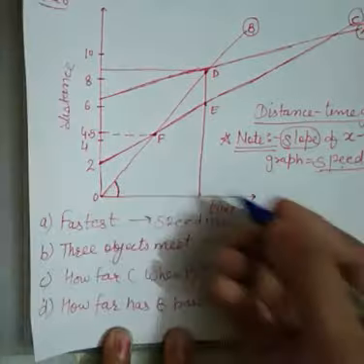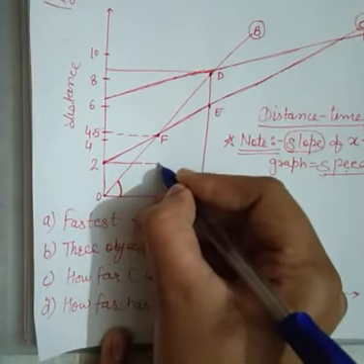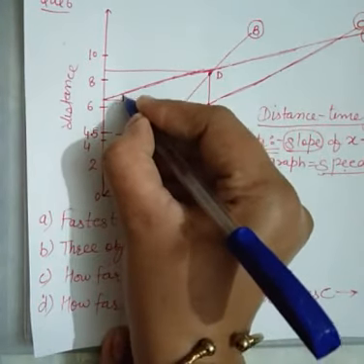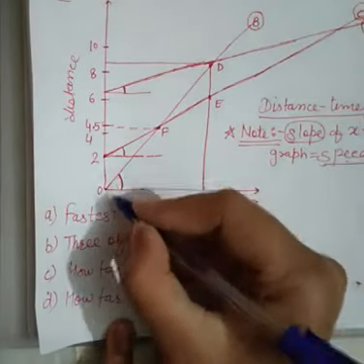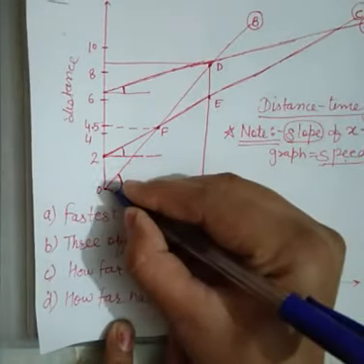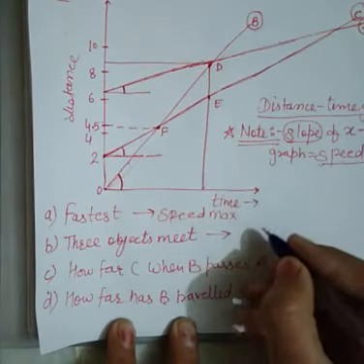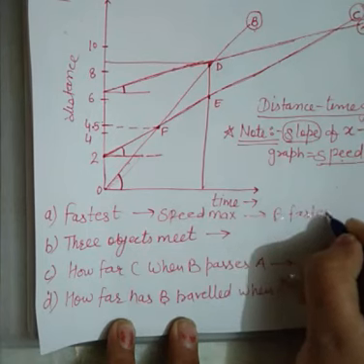Slope is angle. For its slope we have to imagine this angle. For its slope we have to imagine this angle. So which one is more? This one is more inclined, so this one is graph 4. Let's check and it is B. So B is traveling fastest.